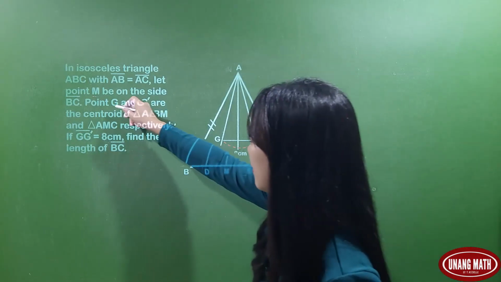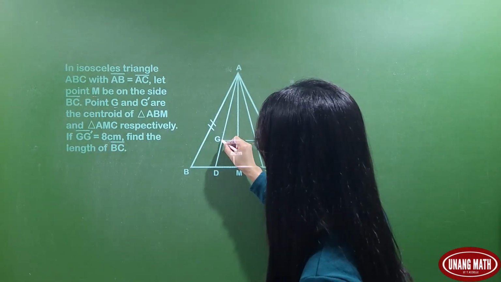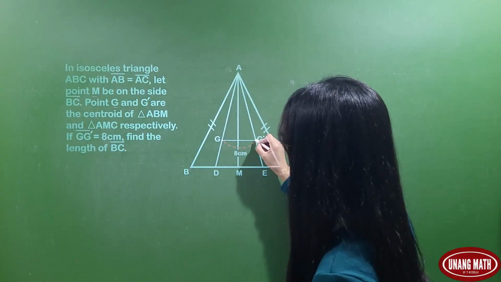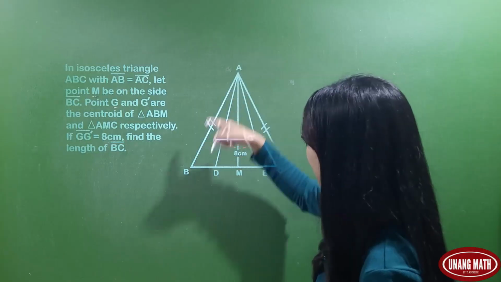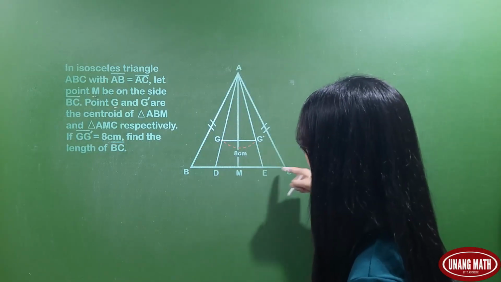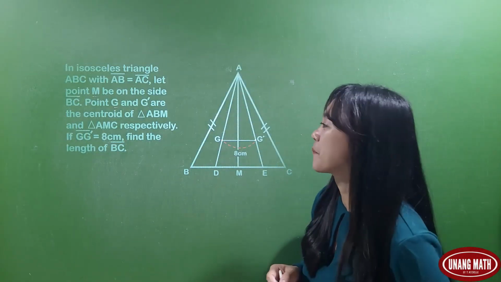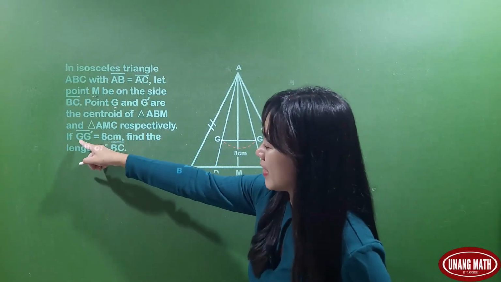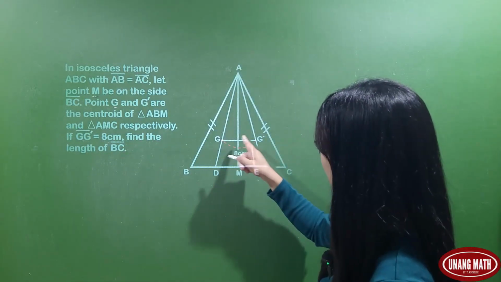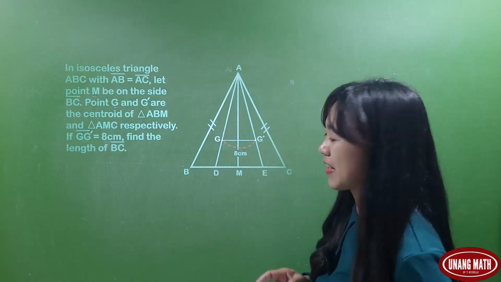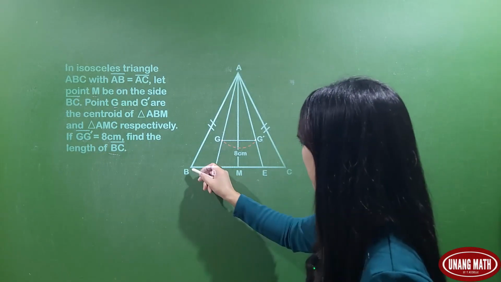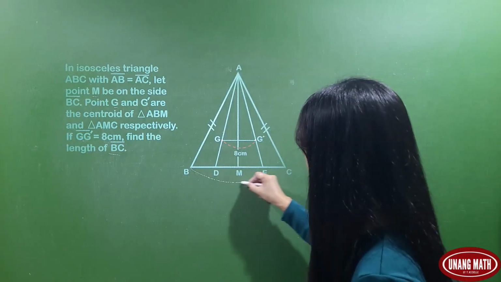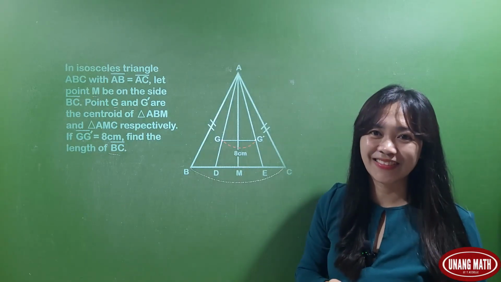Another given is point G and point G prime are the centroids of these triangle ABM and triangle AMC. Another given is the length of segment GG prime, which is 8 centimeters. Now, how are we going to find the length of segment BC, or this segment?